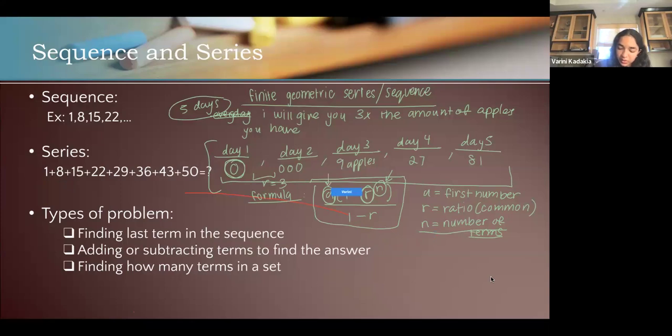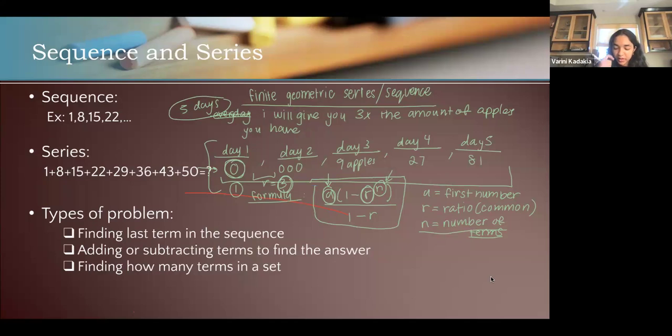In our example, our first term was 1 because we had 1 apple on day 1. So we put in 1 there. Then we multiply 1 by 1 minus the ratio, which was 3, to the number of terms we have, because we know that it ends at one point. So we can count the amount of terms.